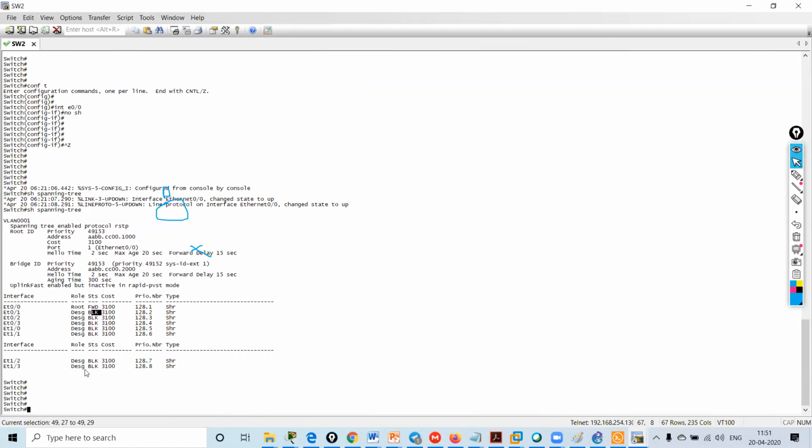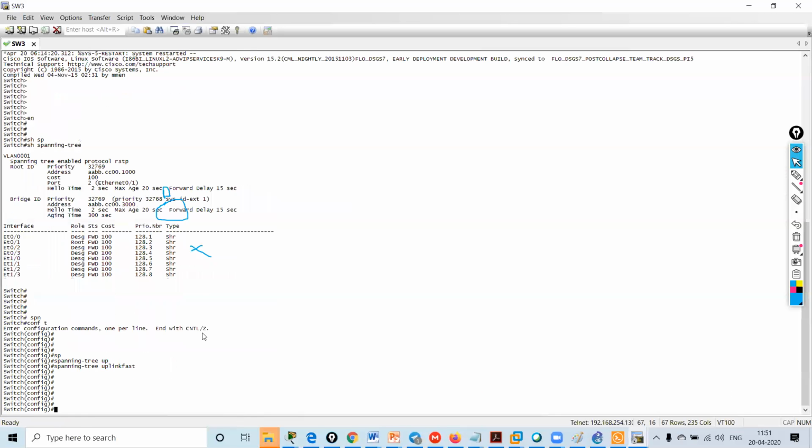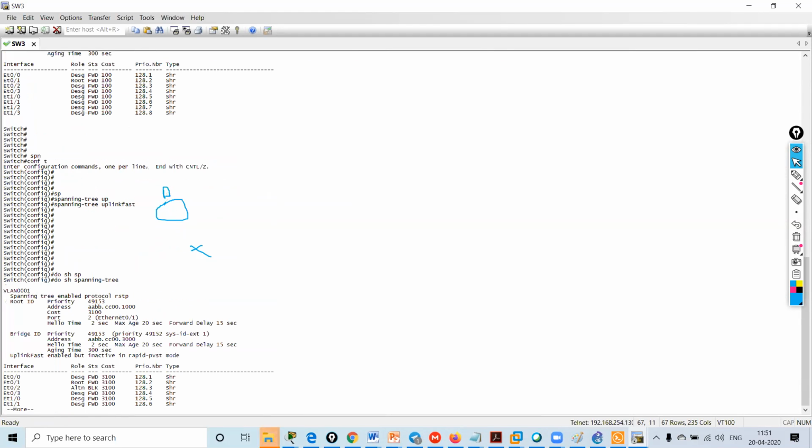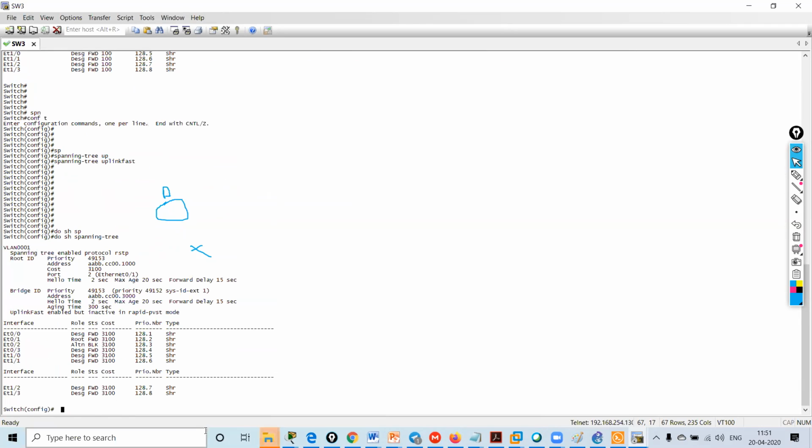Got it? Understood? Now I will go into switch 3. In switch 3, do show spanning tree. Which port is in the blocking state? Fast Ethernet 0/2, alternate link.